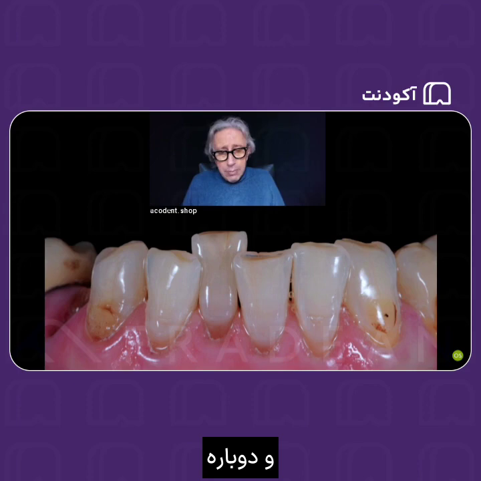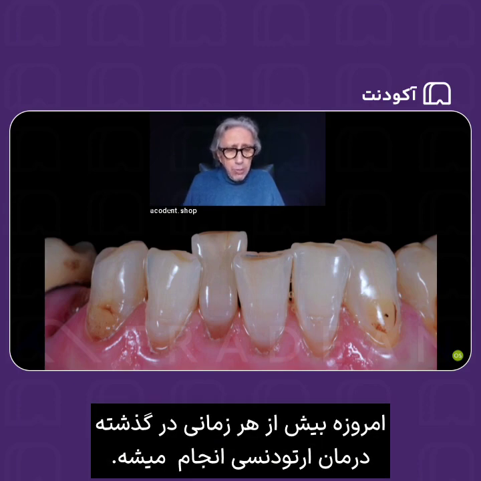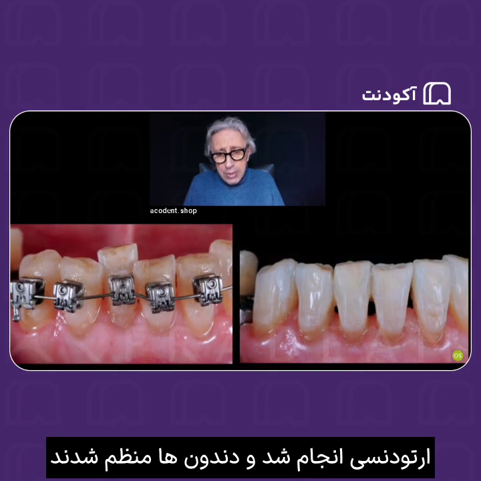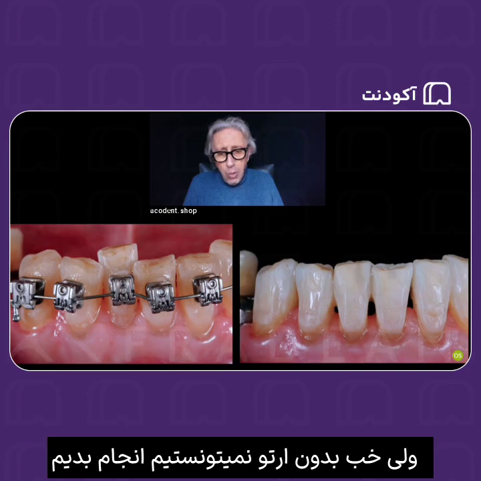And again, we cannot do without ortho. We do ortho much more today than before. We know that we can easily obtain better results, and we try to obtain better results before doing anything more. That was done orthodontically. We achieved an alignment, and then we did the veneers to close the holes, to close the space between the teeth. But again, we cannot do without ortho.